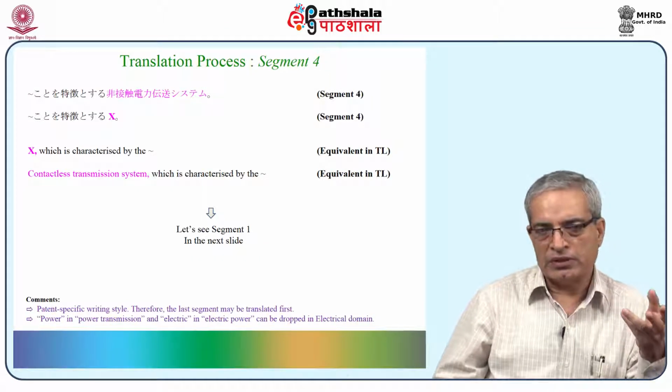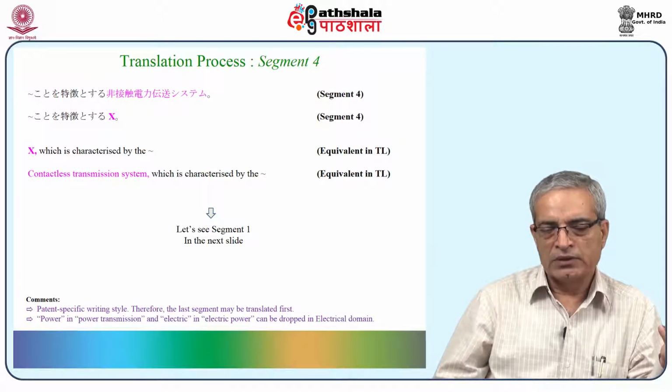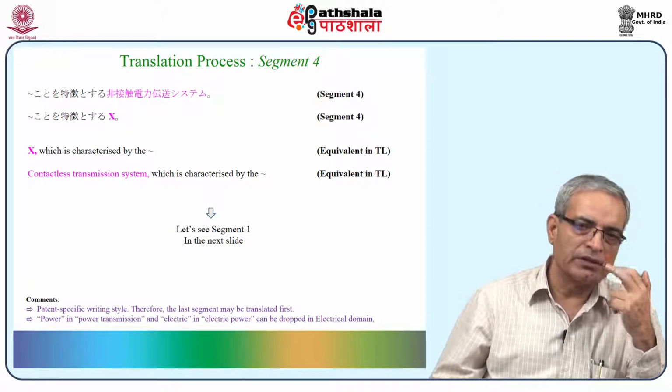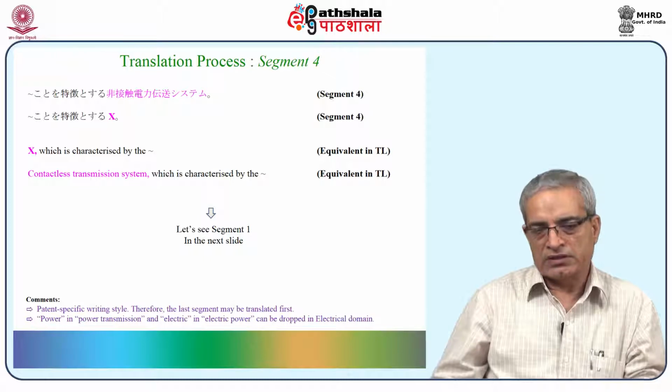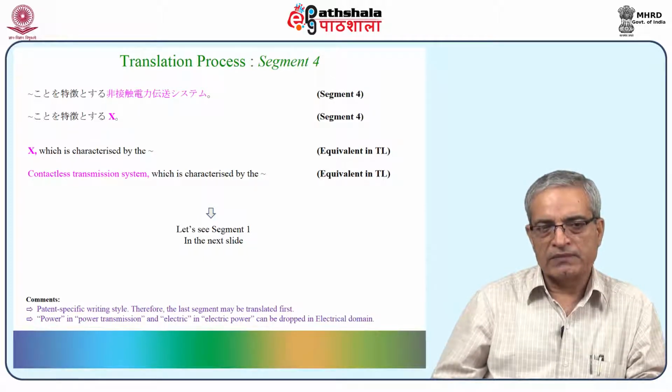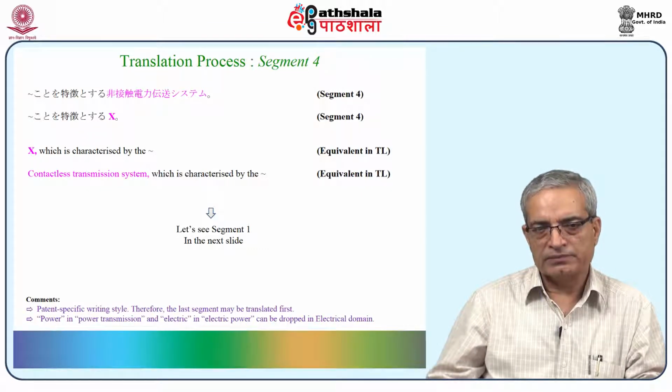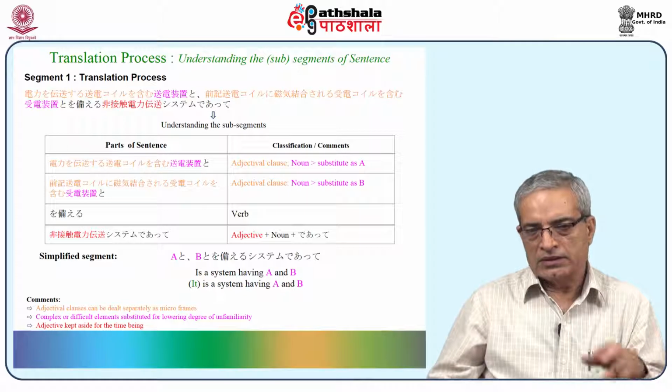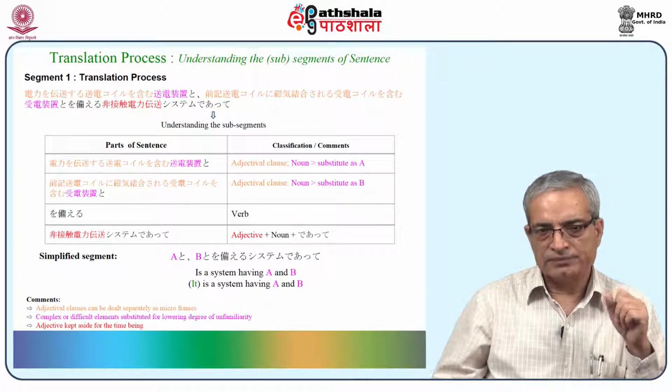Denryoku in Japanese is used quite often, but in English normally if we say transmission in the electrical context, then electrical or power is not required. So contactless transmission system which is characterized by. Let's see now the segment 1 in the next slide.